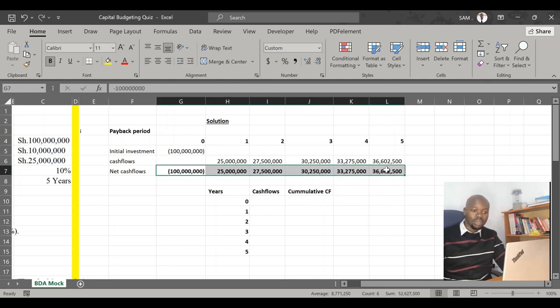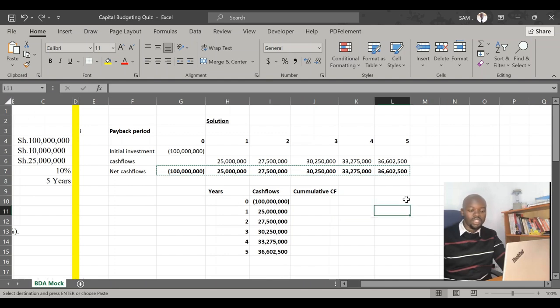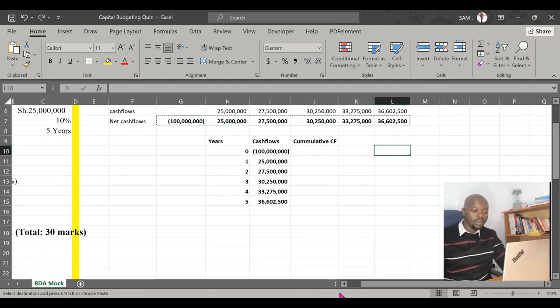I will copy them now without the formulas, bring them down here, and in column arrangement, I will transpose them. And there we have our cash flows. So I would go ahead and do the cumulative cash flows in that manner. How do I do the cumulative cash flows? I would just come here.